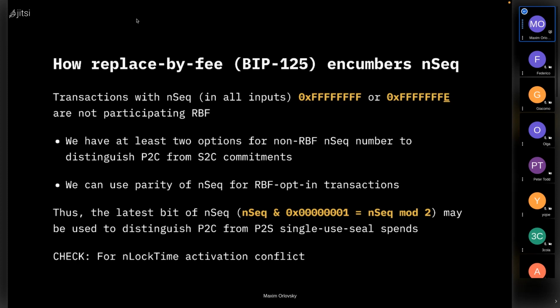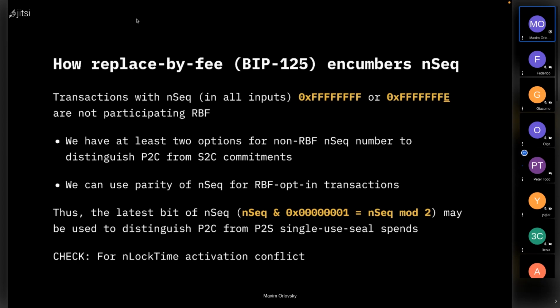Yeah, so we will have two fingerprints for rare conditions, when people would like to use one commitment scheme without RBF or the other commitment scheme without nLockTime. And these two fingerprints will be the 0 nLockTime and FFFFFFFE in nSequence in one of the inputs, or FFFFFFFD in nSequence.